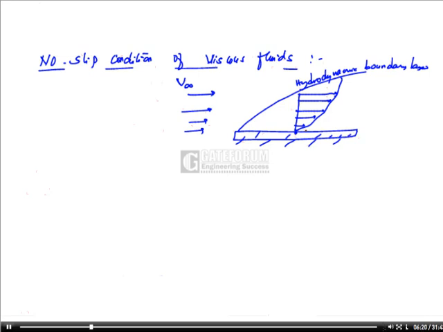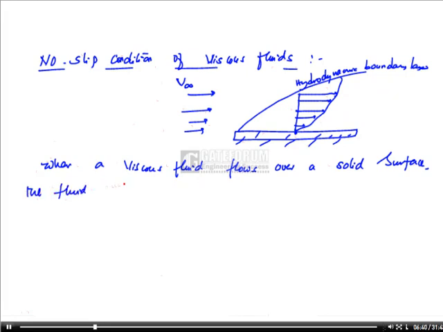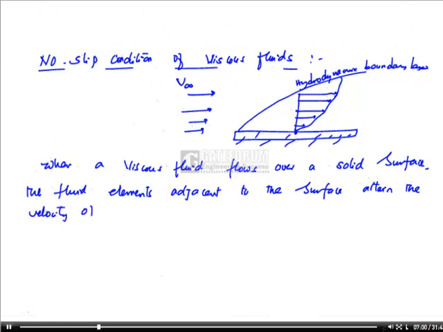this plate has got zero velocity. That is, when a viscous fluid flows over a solid surface, the fluid elements adjacent to the surface attain the velocity of surface.